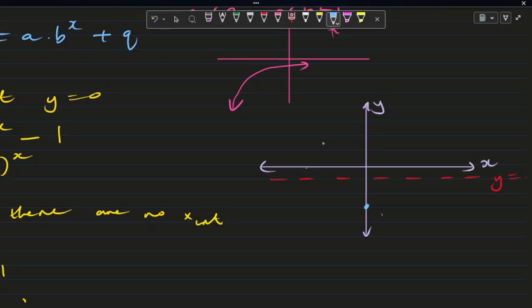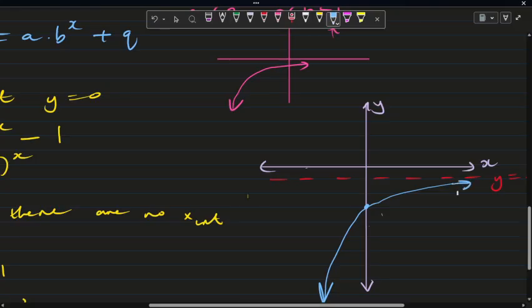Okay, now we note that we can just extend this a little bit. Okay, so we know that what will happen is we'll have our graph looking like that.